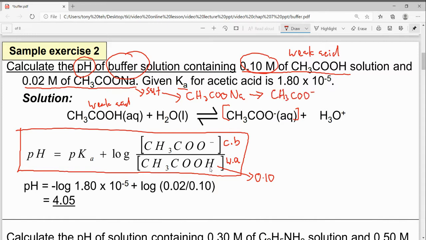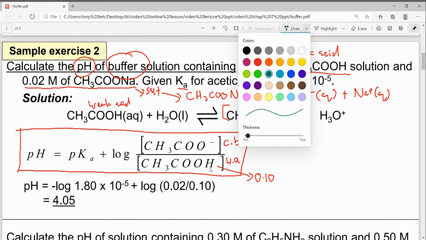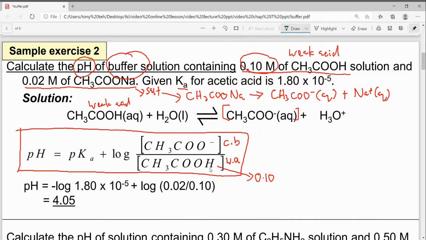So it becomes CH3COO minus aqueous plus Na plus aqueous. If CH3COONa is 0.02 molar, when completely dissociated we will also get 0.02 molar.